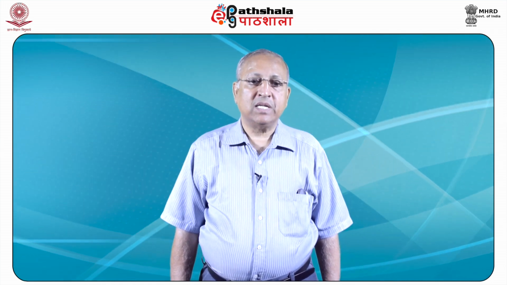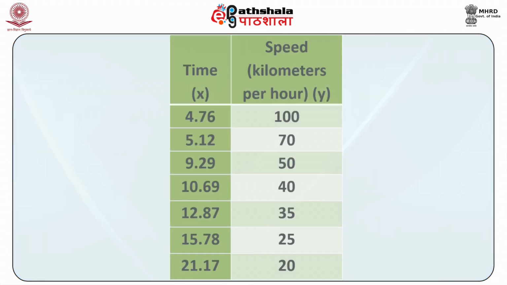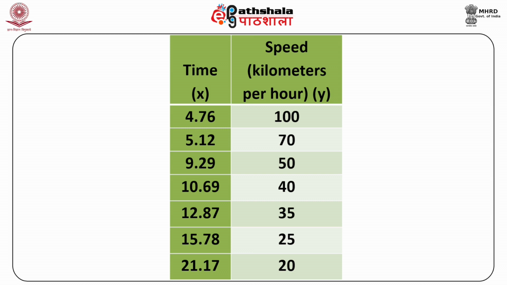Now, let us just consider how this would pan out. If the speed in kilometers per hour is 100, then the time taken would be 4.76. When the speed goes down to 70, it is 5.12.